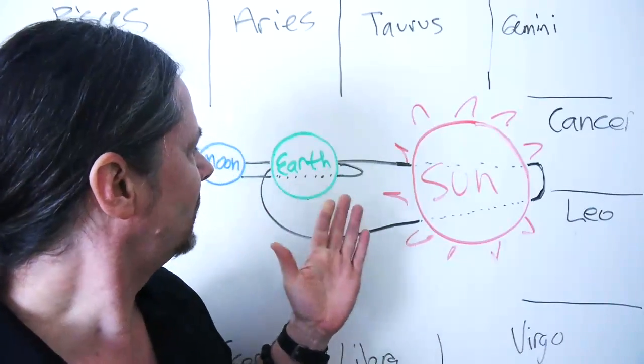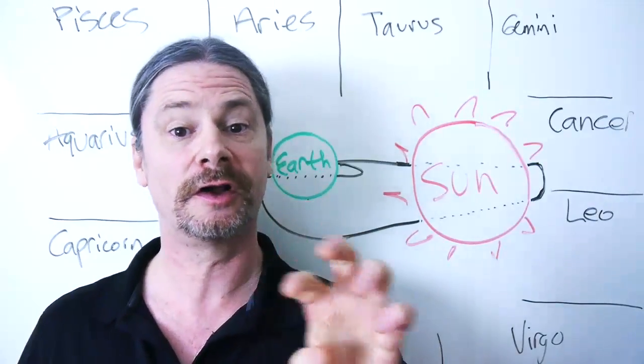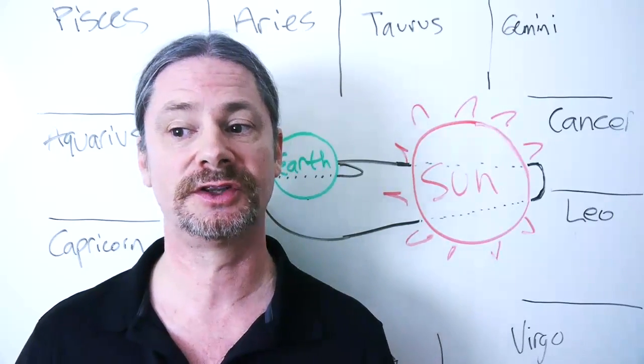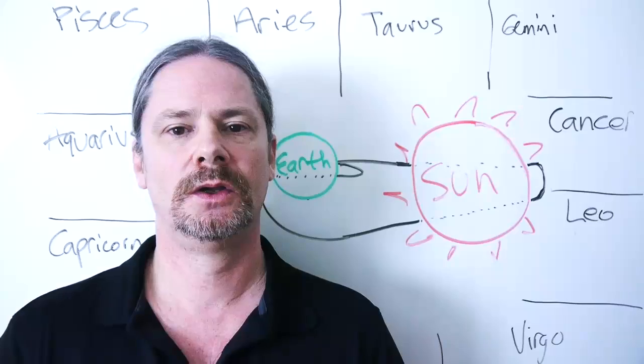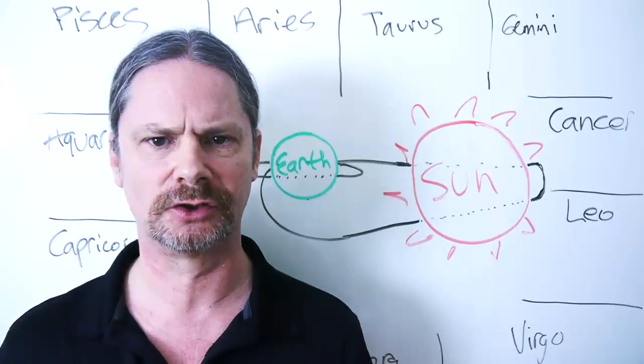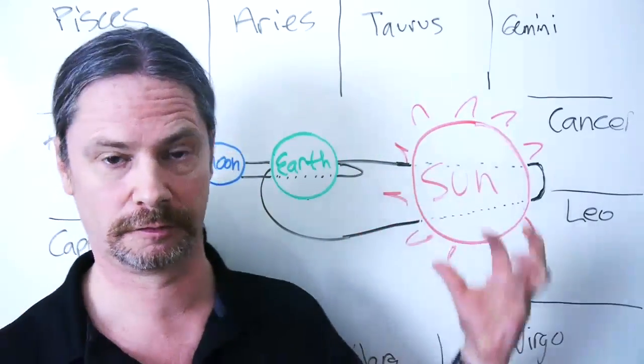Now, something else to really understand is the Vedic timekeeping, which is called the Panchanga. This method of timekeeping is probably the closest to approximating the cosmic implications of sun, moon, and earth.